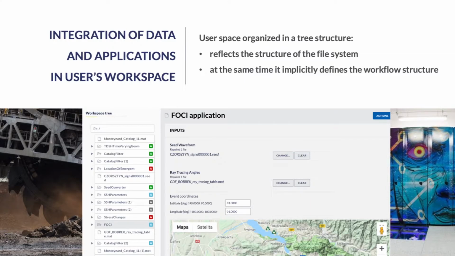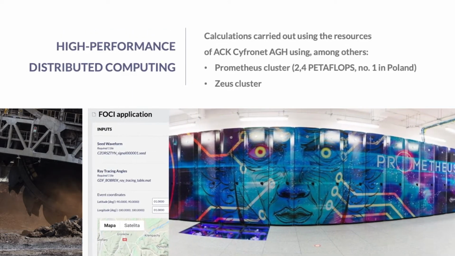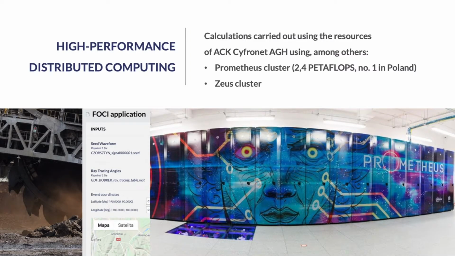Workflow structure is partly defined by the way the data and applications are arranged. The ES-Epos platform utilizes distributed infrastructure with several dedicated nodes, as well as high-performance computing clusters, one of them being the Prometheus cluster, which is the most powerful cluster in our country.